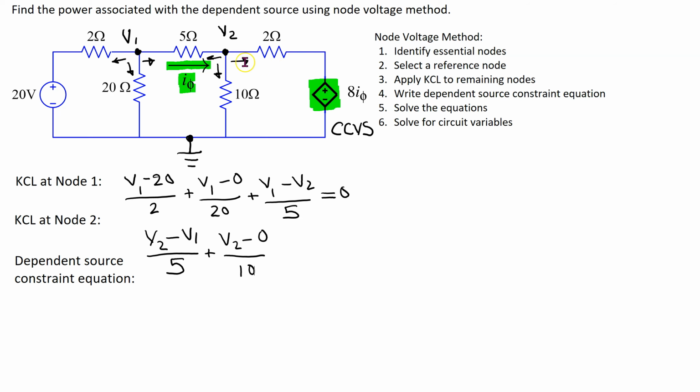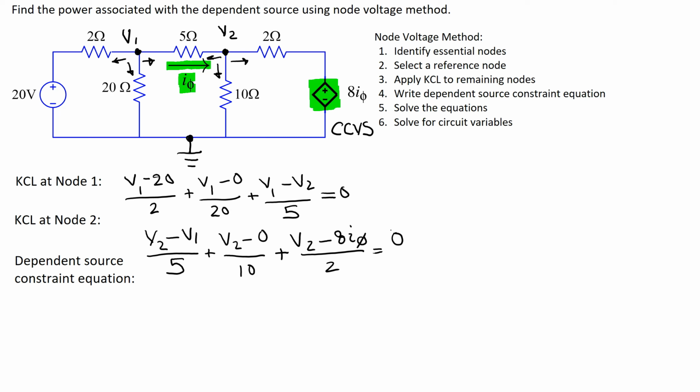We follow the direction of this branch current. The end where this current is entering the resistor is assumed to be at higher potential, and the end where it is leaving is assumed to be at lower potential. Hence, this branch current is V2 minus 8 I phi over 2. So what we get is the sum of these currents, including V2 minus 8 I phi over 2, equal to 0.